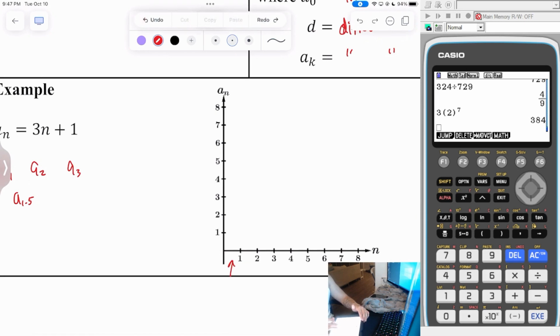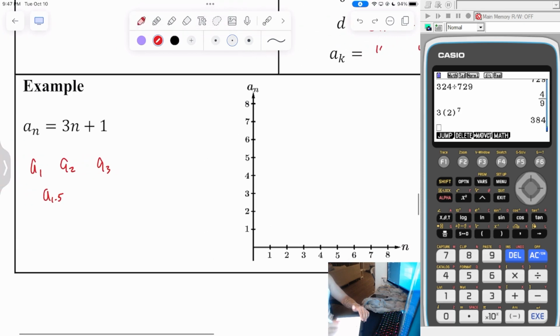So when you graph this equation on the left-hand side, there's a y-intercept of 1 and a slope of 3, and you get something like this. I can continue if I want to, but that's about as much as I can do. And you would not connect these dots at all, because this is an arithmetic sequence, not a linear function. It is not continuous. Continuous meaning I connect them with every single possible x value between 0 and 1, and 1 and 2, and so on and so forth.